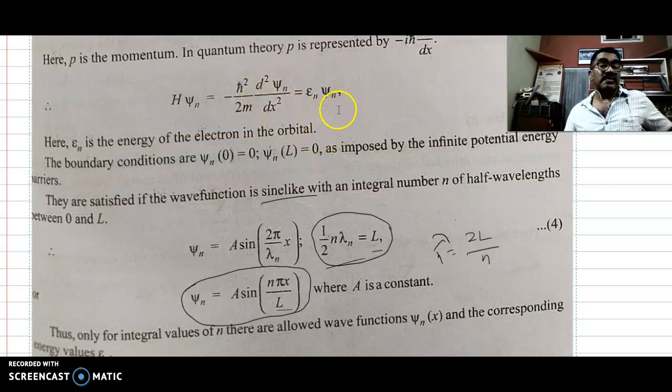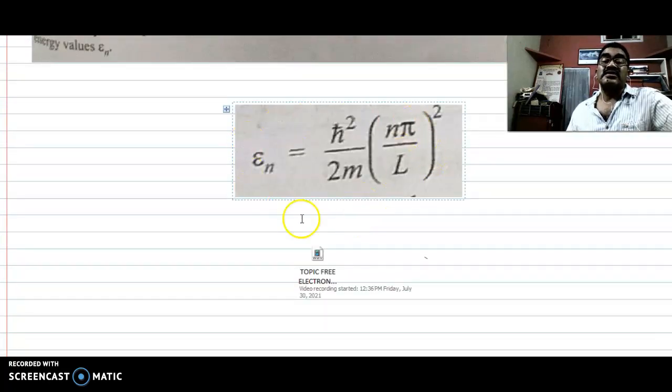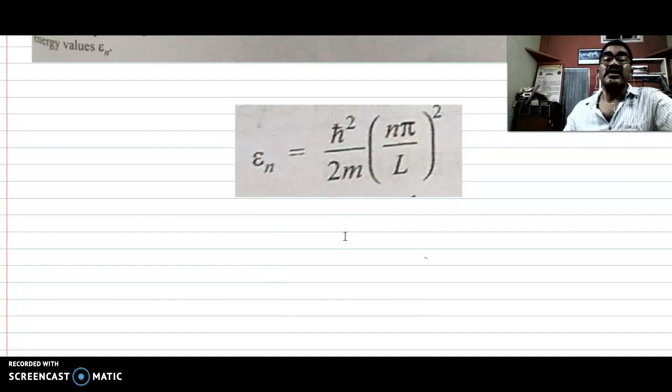We compare it and get epsilon n, which means the energy of the electron in the particular orbital. So this will be the energy value.